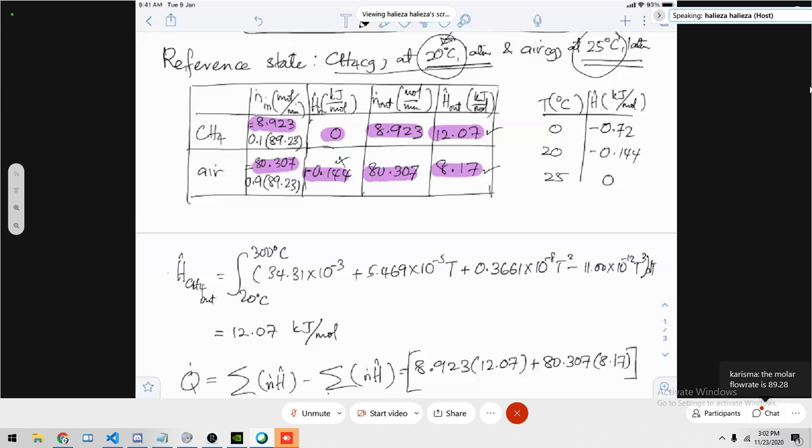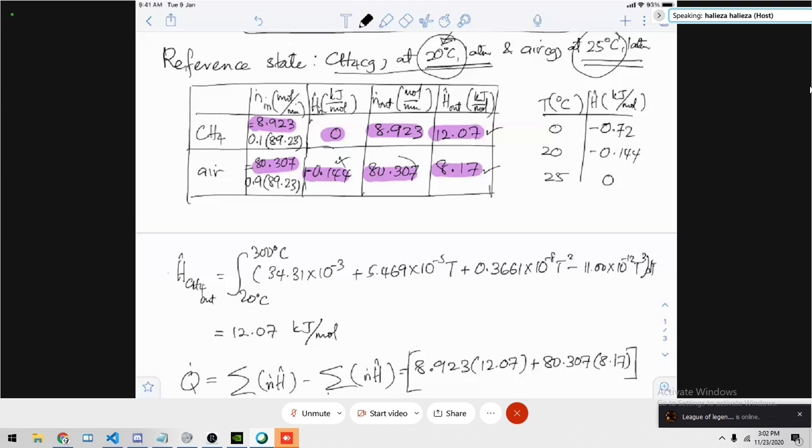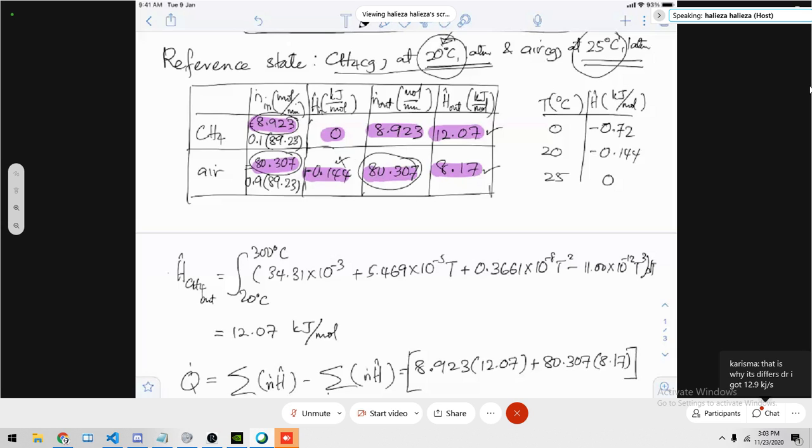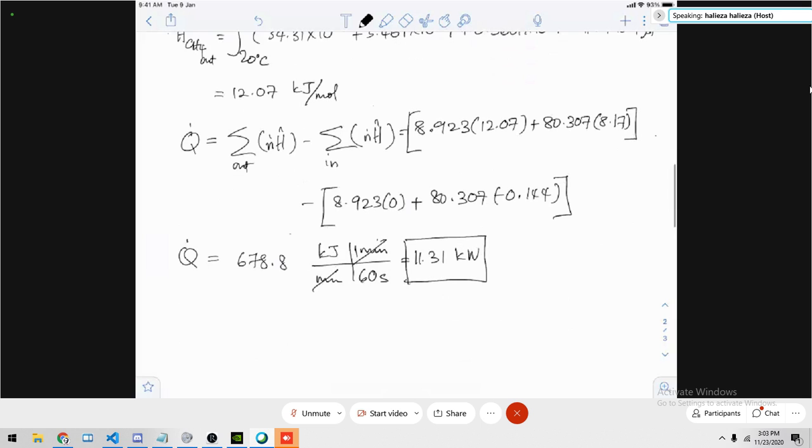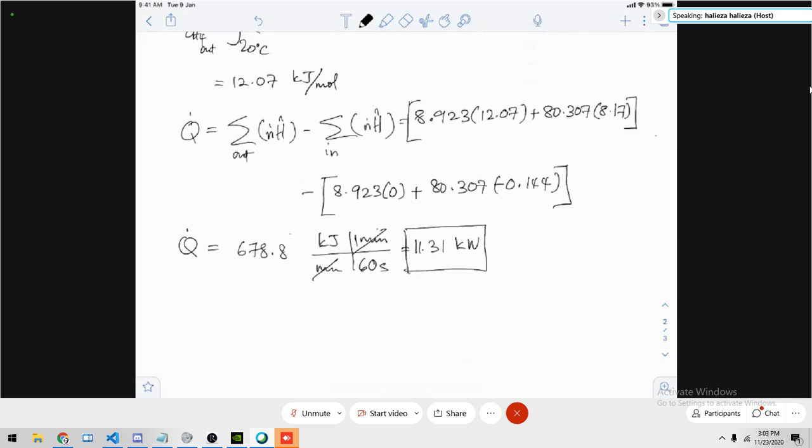That's slightly off, and maybe that's one reason. Another reason is that the textbook gives a value of 80.4 here, and 8.93 there. So the differences are because of the rounding off done by the author. That's why our value and the textbook answer are not the same.